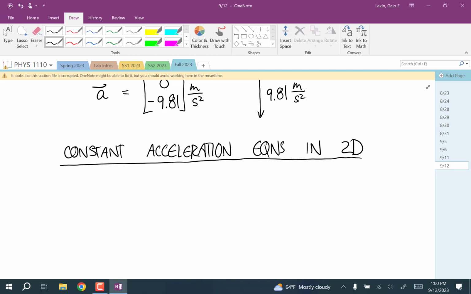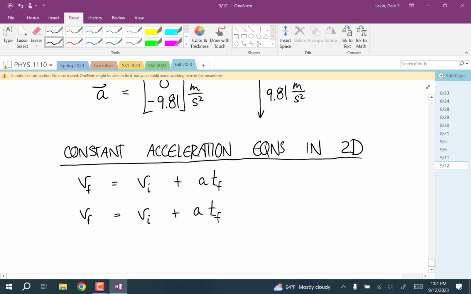So remember in 1D, we had an equation that said VF is equal to VI plus ATF. So now we're going to have 2 of these. Let me write it twice. So VF is equal to VI plus a TF.